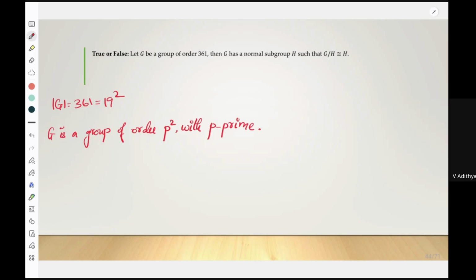So now, time for the first basic step. If G mod H is isomorphic to H, then the order of G divided by the order of H is equal to the order of H. This implies the order of H, the whole squared, is 361, which implies the order of H is 19.